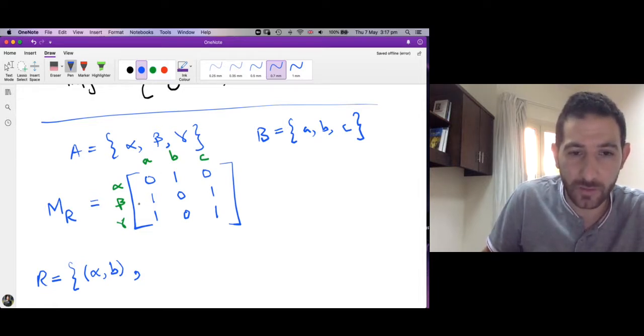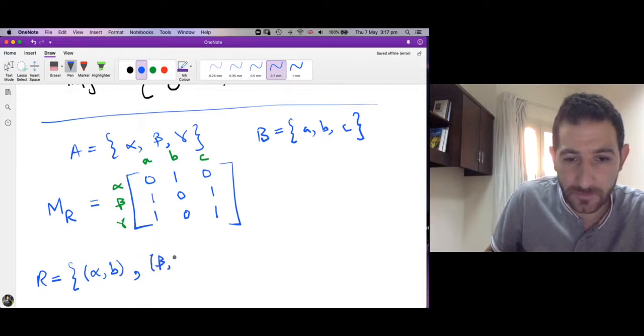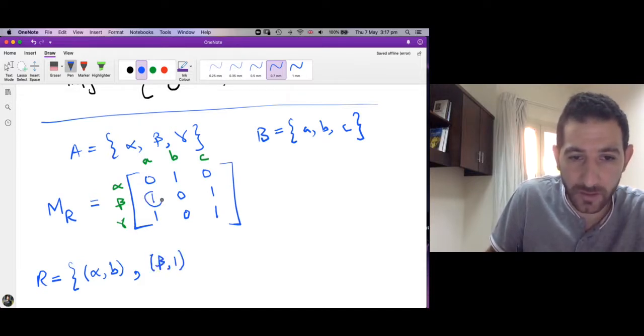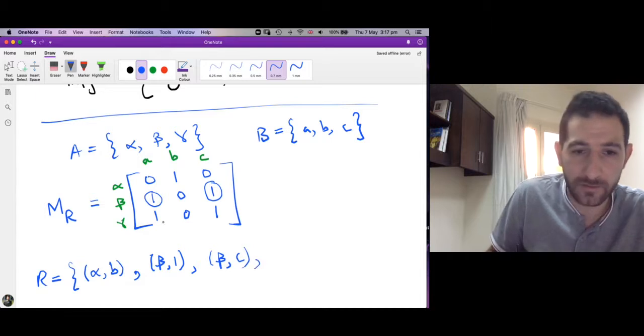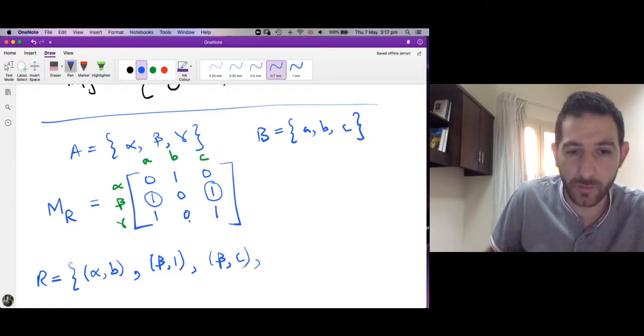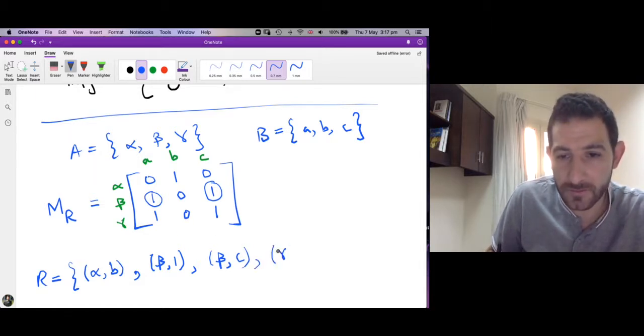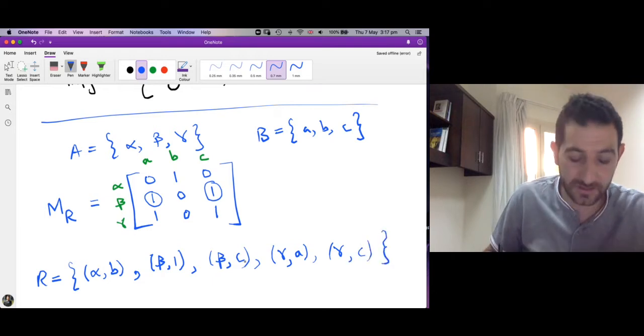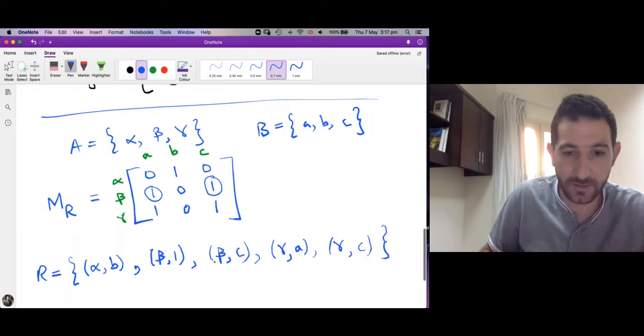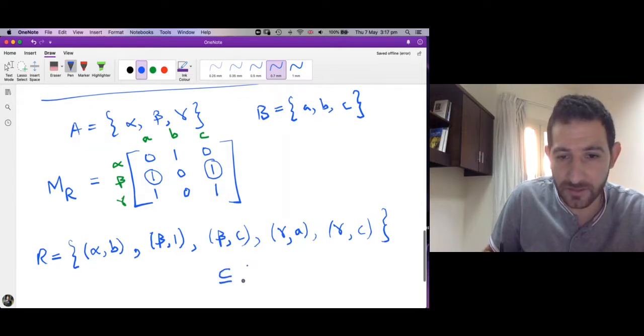From the second row, we know that beta is related to a, right? Because we have a 1 here and a 1 here. And beta is related to c. And from the third row, we know that gamma is related to a, and gamma is related to c as well. Okay, so we obtained R, and notice that this R is clearly a subset of A cross B.